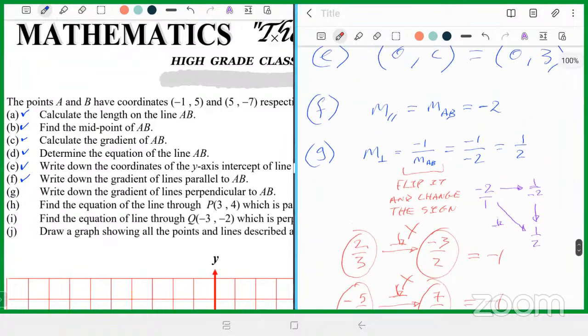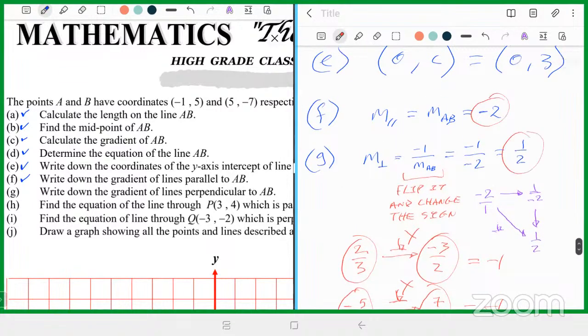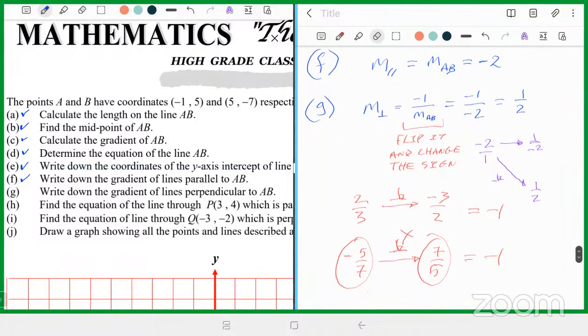It's another good piece of information to remember. When you multiply perpendicular gradients, the result is -1.